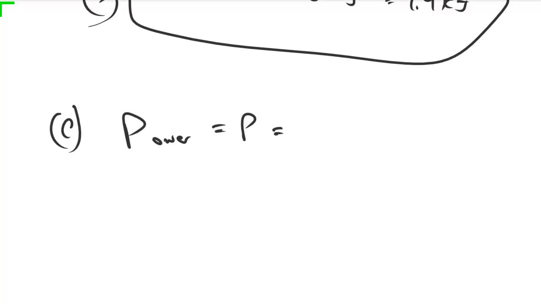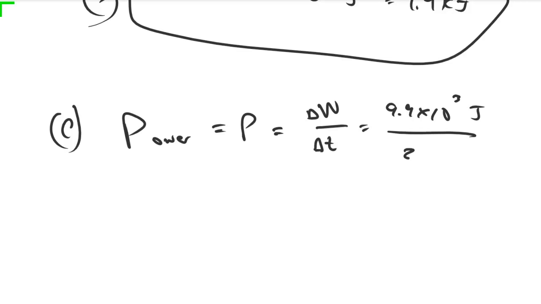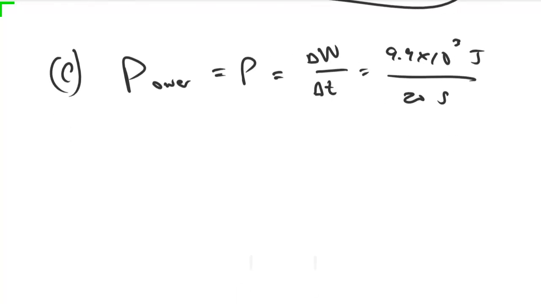And so this is just work per time. If it took 20 seconds to make 9,900 joules, then the power is equal to 9.9 times 10 to the third joules divided by 20 seconds.